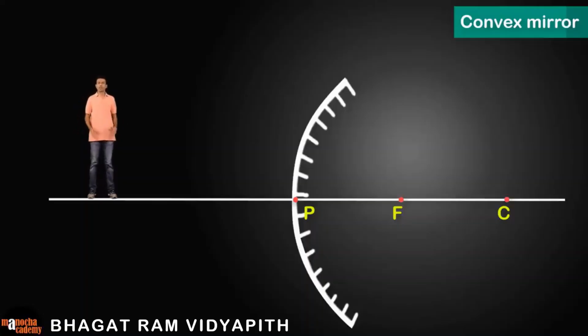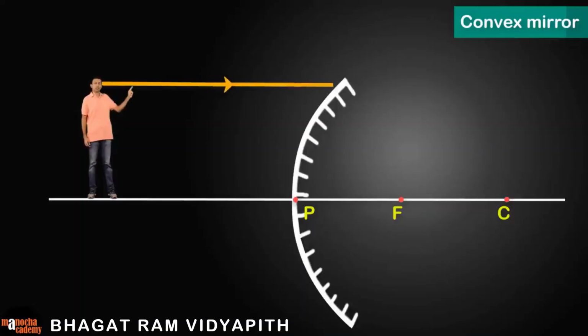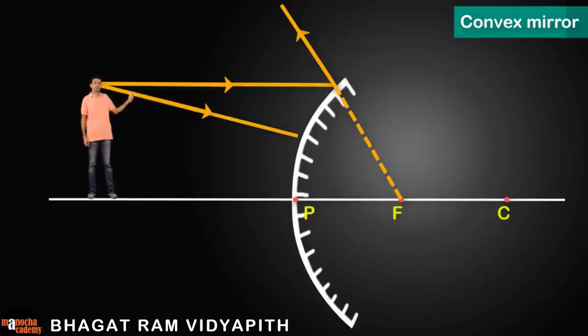So for the first ray, let's use Rule 1. The light ray that is parallel to the principal axis after reflection appears to be coming from the focus. And for the second ray, let's use Rule 2. The light ray which is going towards the center of curvature gets reflected back along the same path.